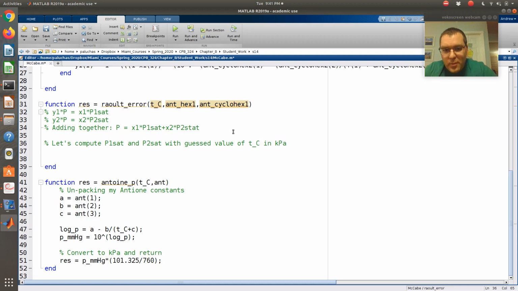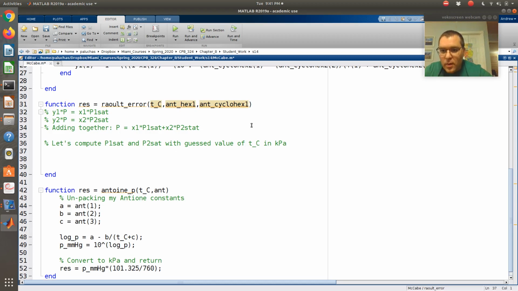So I'm going to compute those vapor pressures in kilopascals, and I just remember from doing this, that's my Antoine expression, and it uses temperature in degrees C. So P1 sat, okay, would be given by Antoine P, Tc, Ant hex 1.